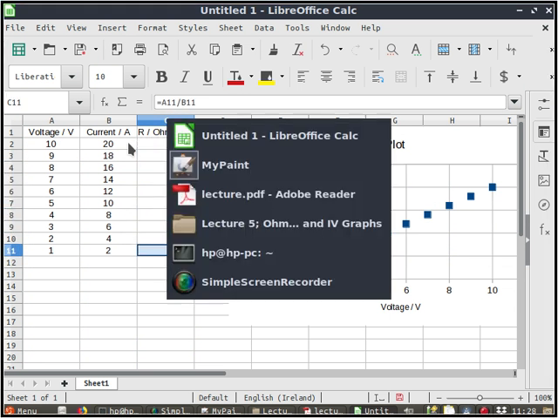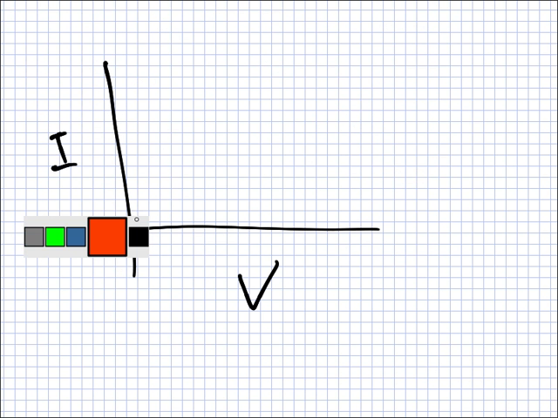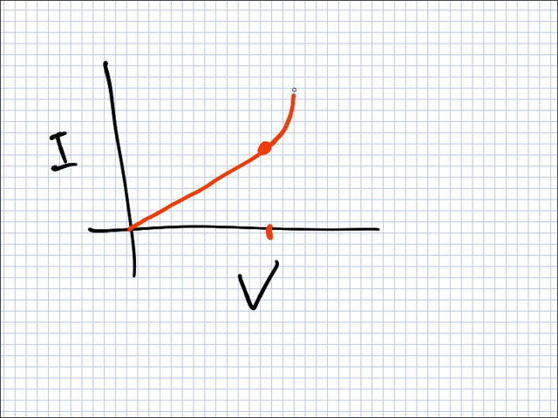Like that. Okay. Now tell me, if your graph changes a little bit, so there's V, there's I, and the graph goes like this. And then, for some reason, when you pass this number, the graph changes shape and goes like that. What has happened to the R? Has it gotten bigger or smaller?